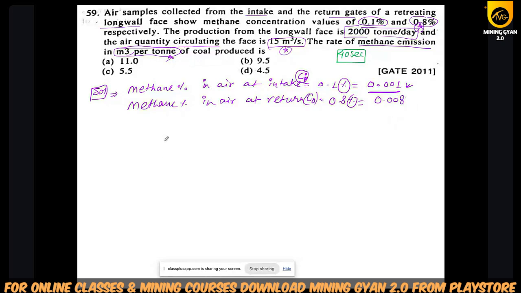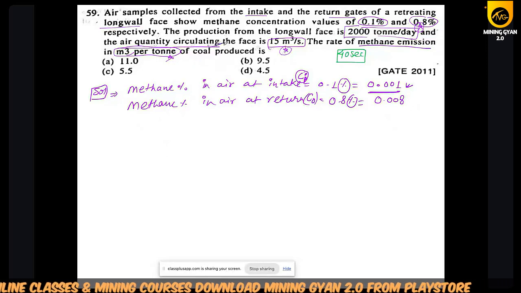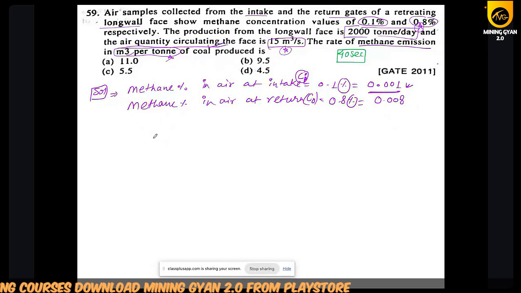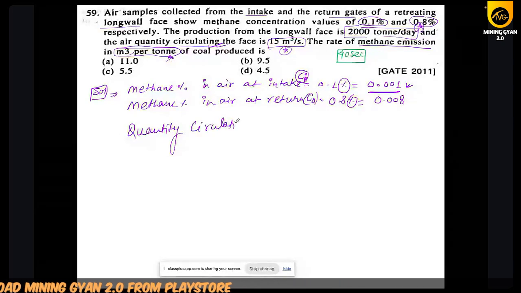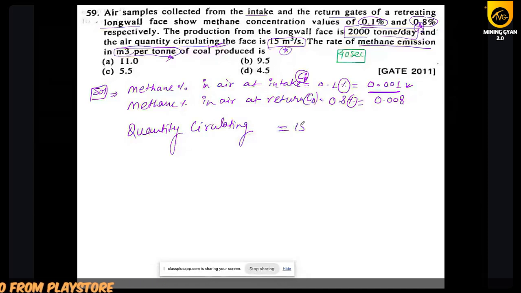ठीक है. Now, quantity circulating the face, 15 meter cube per second.